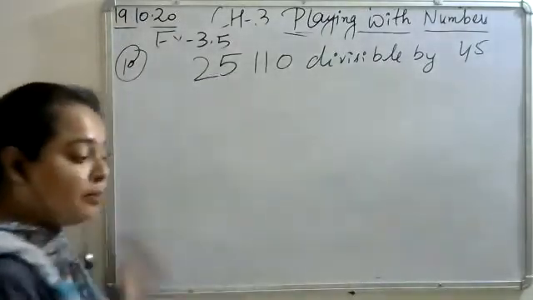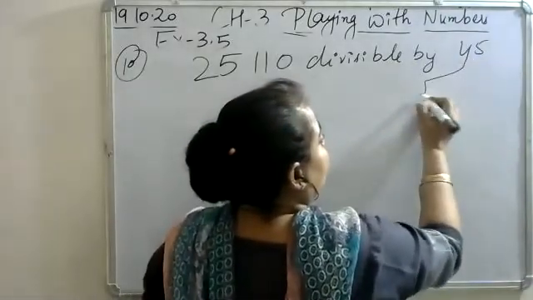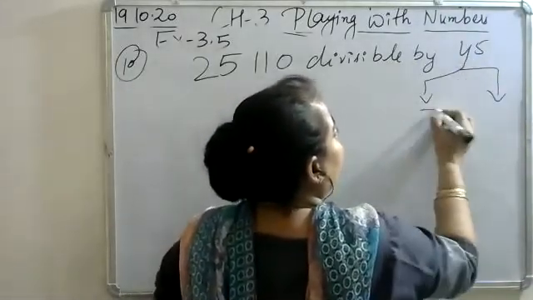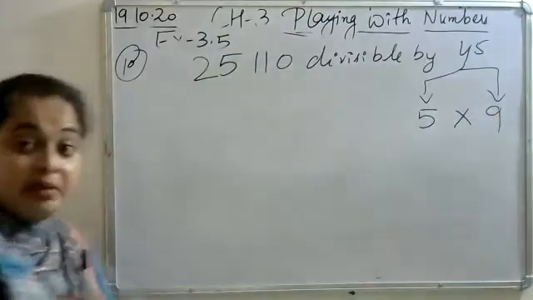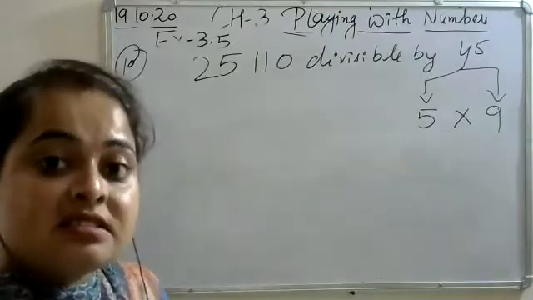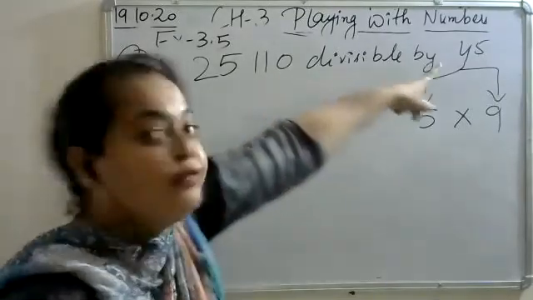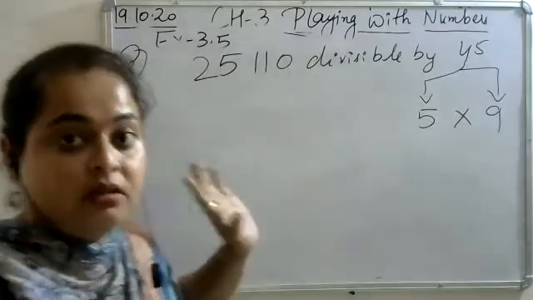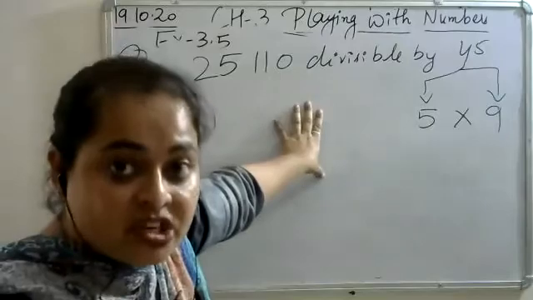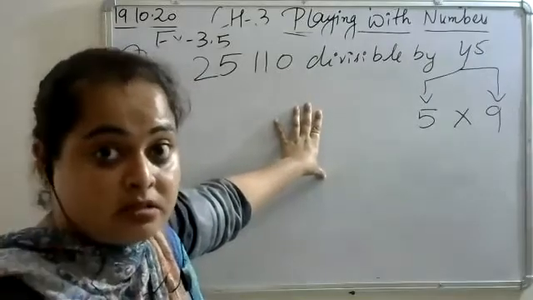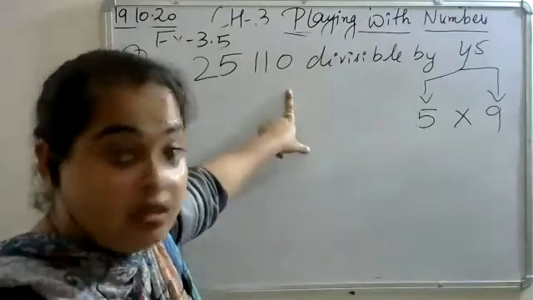And what is the property? Look here. 45 is 5 multiplied by 9. I am again repeating, in class 6th, you will not divide this by 45 directly. If you solve the sum by direct division, then you will get 0 marks. You will solve this sum by using the property.